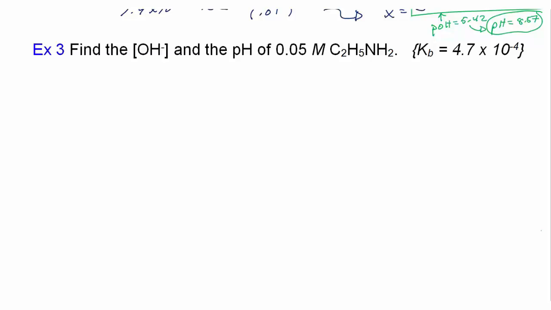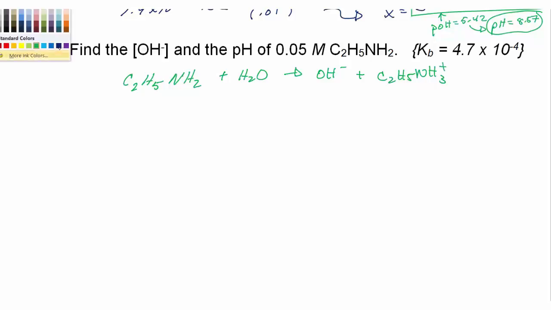So go ahead, do ICE, set up the Kb expression, and solve for the hydroxide concentration. So the weak base plus water forms hydroxide and the conjugate acid.